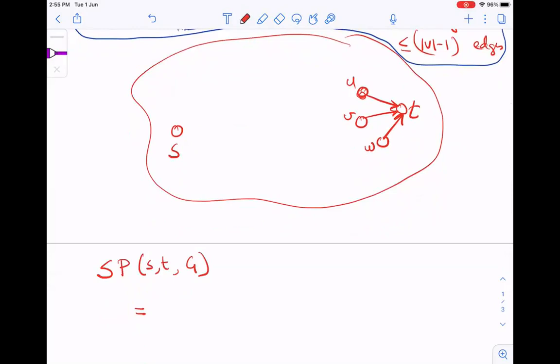So take a u in the in-neighborhood of T, from where there is an edge to T, and for that u, go and compute the shortest path from S to U in G minus T.